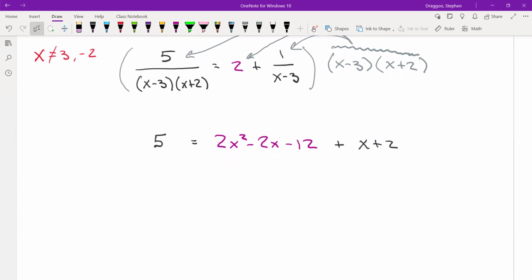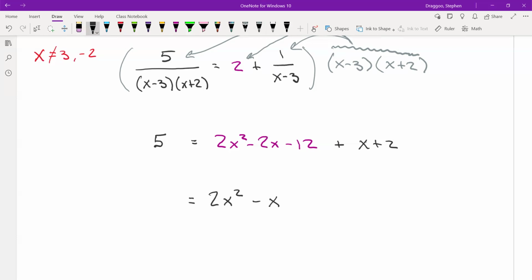Now I need to gather up everything on one side because I'm going to solve a quadratic equation. So if I do that, I only have one square term, it's 2x squared. I have a couple of x terms, a minus 2x and a plus x, so that'll simplify to just minus x.